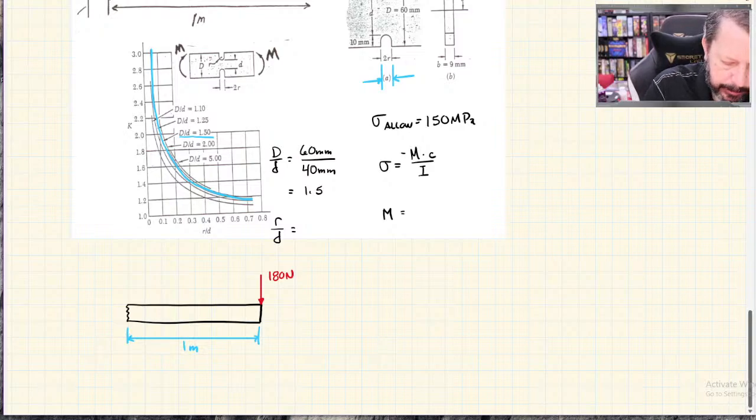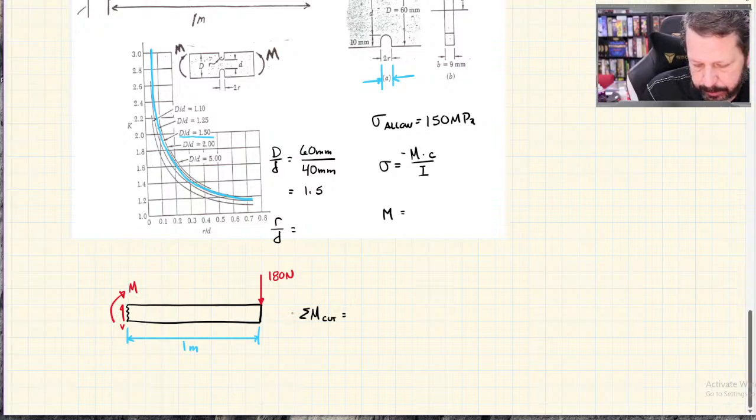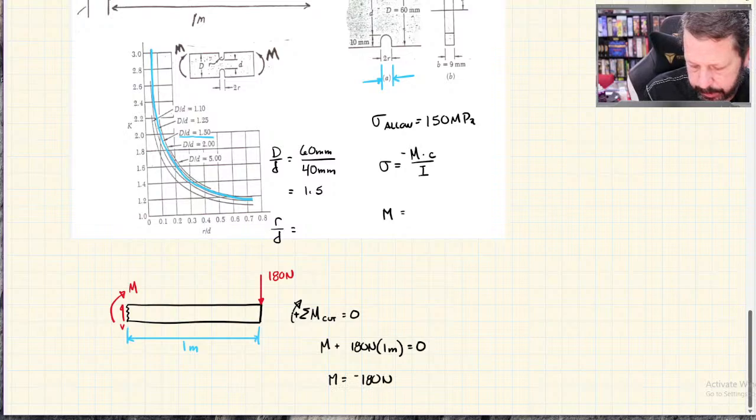And then we have our internal shear force. It told us to neglect the effect of shear, so we don't need that. And there's our internal bending moment. If we do summation of moments about the cut, I would get M plus 180 newtons times 1 meter equals 0. So M equals negative 180 newton meters.